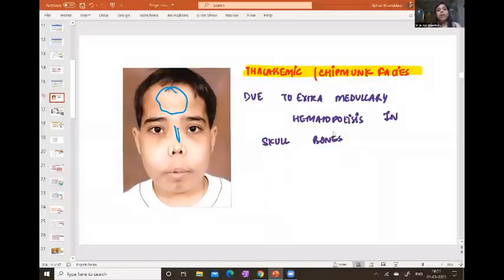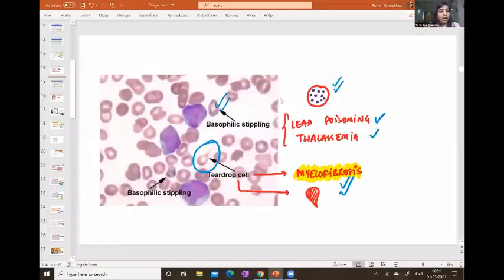That is why this leads to chipmunk faces, which are also called thalassemic faces. Sometimes this image can also be given to you, and it can be correlated with the clinico-pathologic history of the patient. So these are the 2 points you need to look for in a clinico-pathologic question.